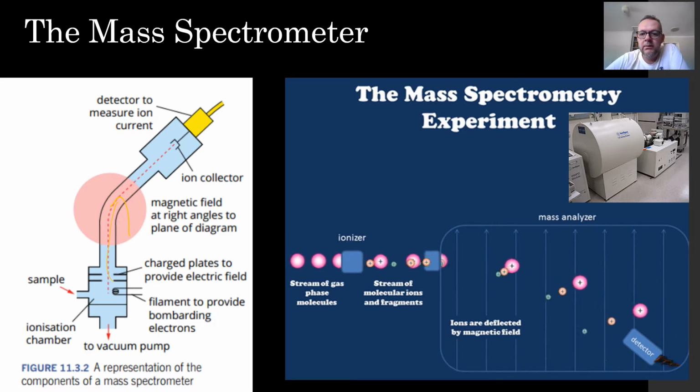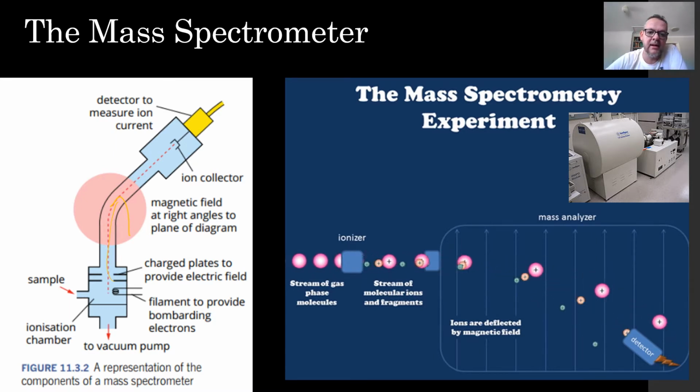The ones with the smallest mass bend more, the ones with a bigger mass bend less, and that is used to detect the mass of different particles.